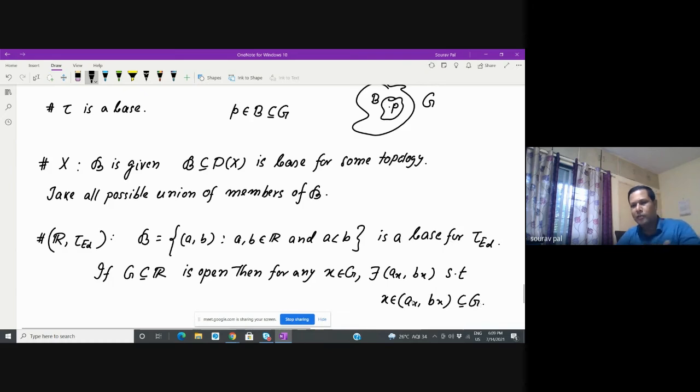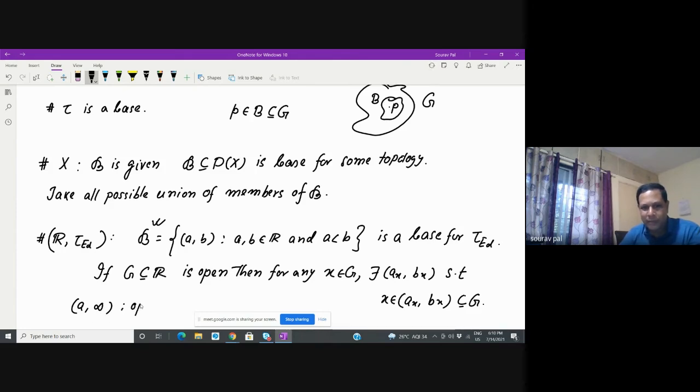So this is what we have learned in our real analysis, right? So this is a basis, and if you look at this collection, it is much smaller than the collection of all open sets, right? Because the collection of all open sets contains members like, say, infinity.